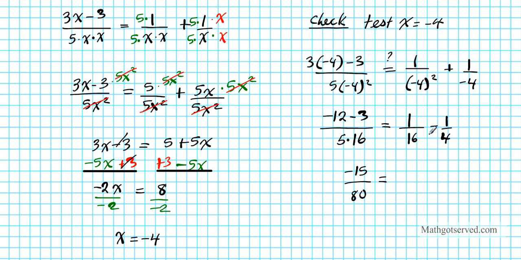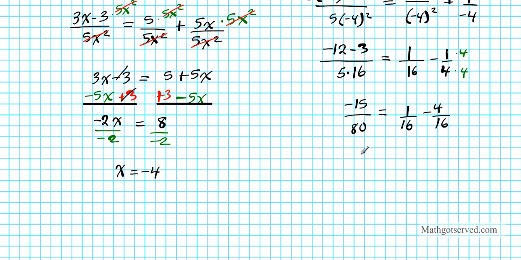Now on the right side, we need to find the common denominator, right? So we'll times this by 4 top and bottom, because the LCD of 16 and 4 is 16, so I need to times this by 4 so that we have the same common denominator, okay? So I have 1 over 16 minus 4 over 16. All right, let's simplify further. We'll have negative 15 over 80 equals, on this side, 1 minus 4 is negative 3 over 16.